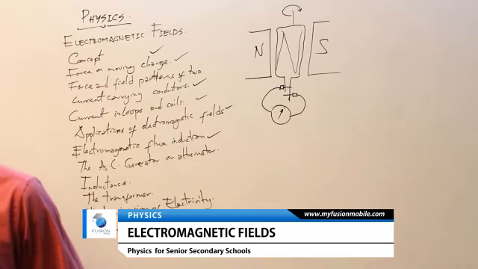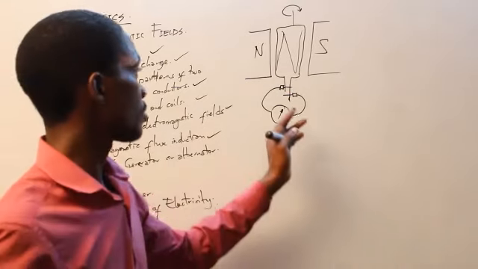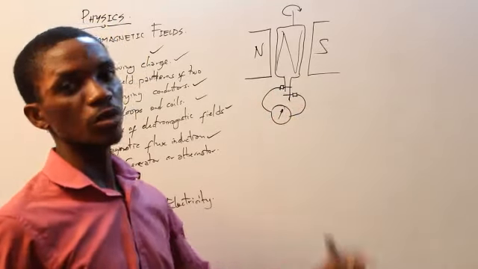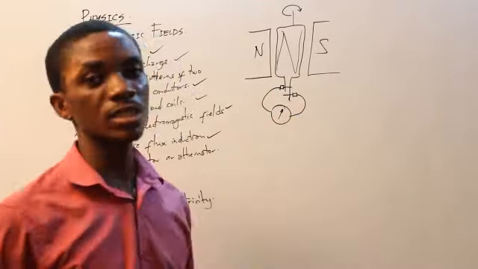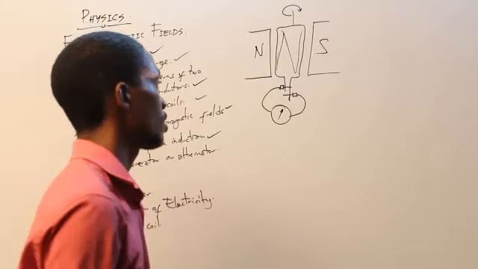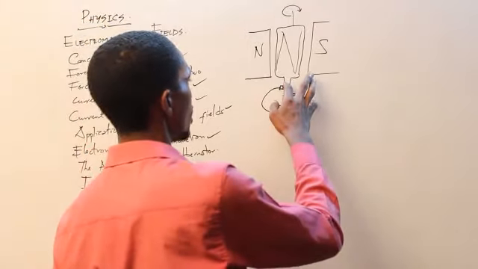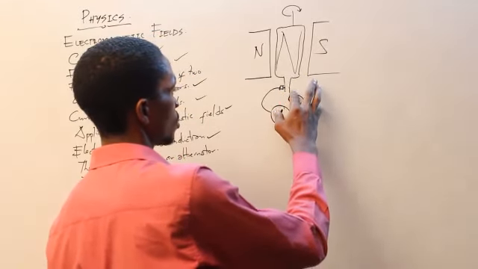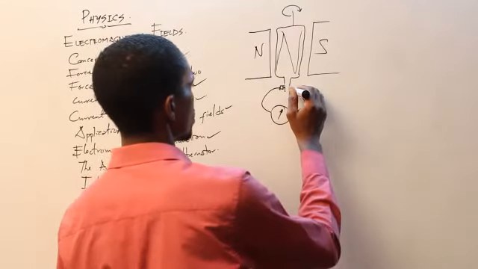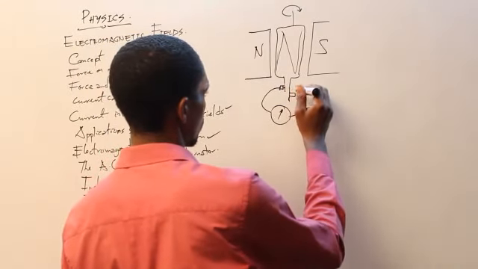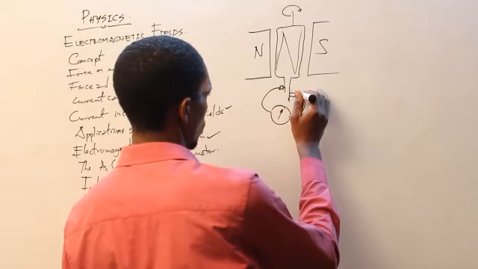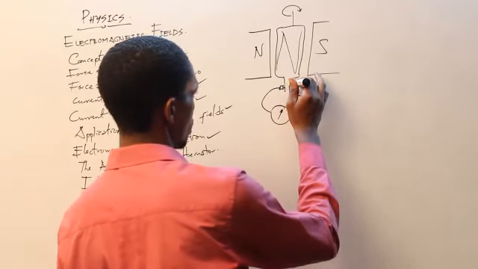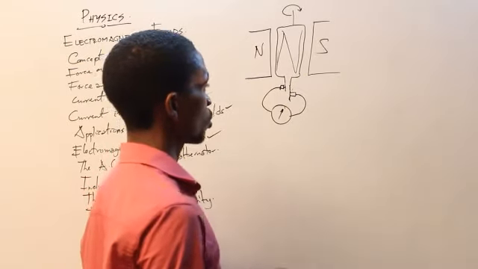Now, if you take note of something, I'm having two full brushes. But in the direct current case, we don't have full brushes, we only have two half brushes, so that the electricity breaks in production.